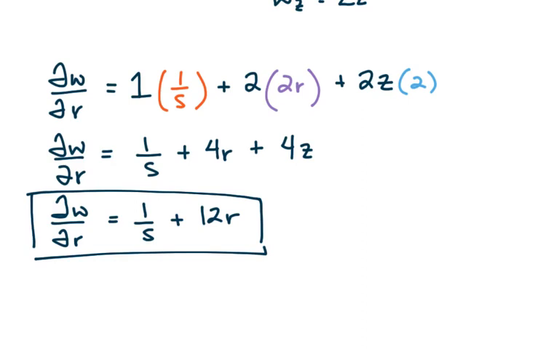So the second, I need to find partial of W with respect to S. I'm going to pause, erase this, and go back up to the top and start over.